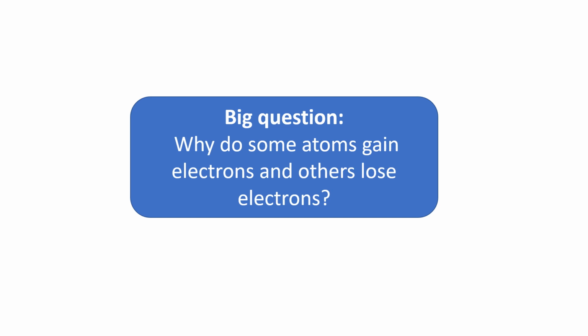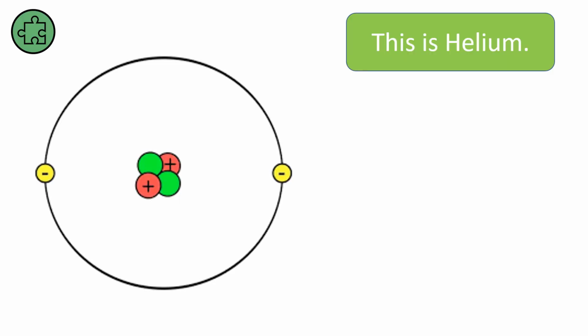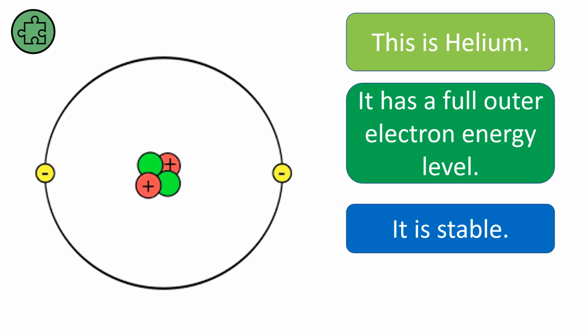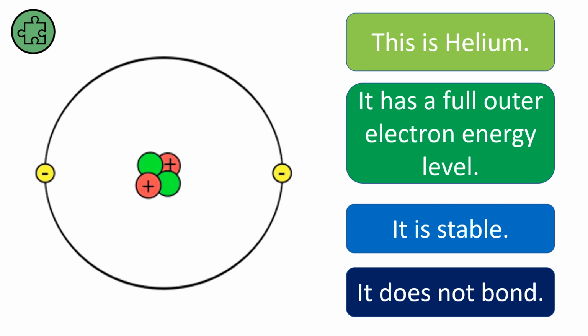Why do some atoms gain electrons and others lose electrons? Well, this is helium, and helium has a full outer electron energy level. It's only got 1 energy level, so a maximum of 2, so it's full. This means that helium is stable, so it doesn't bond, it doesn't react, it's quite happy how it is.